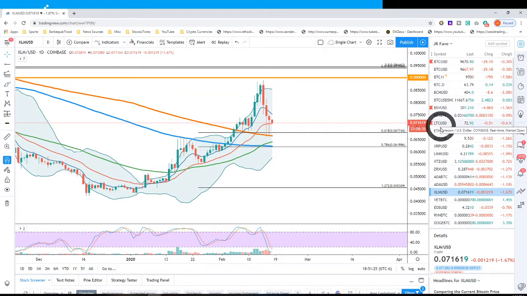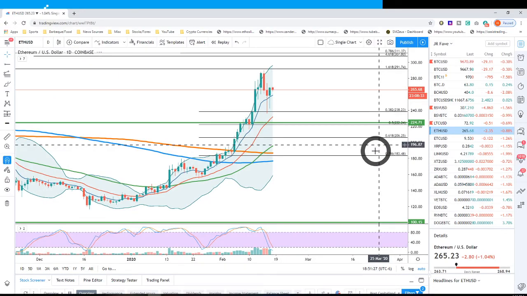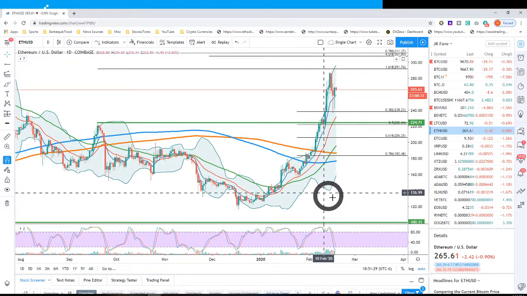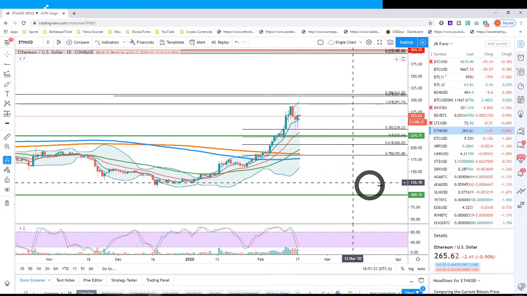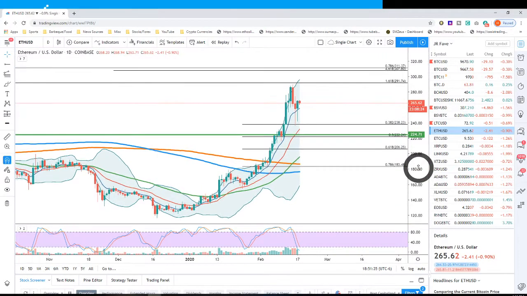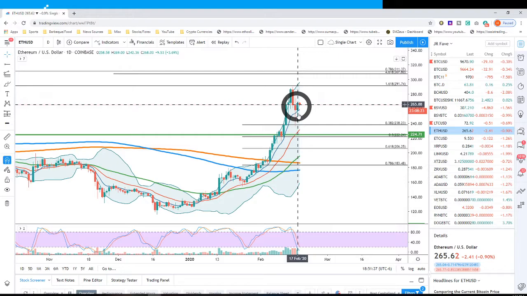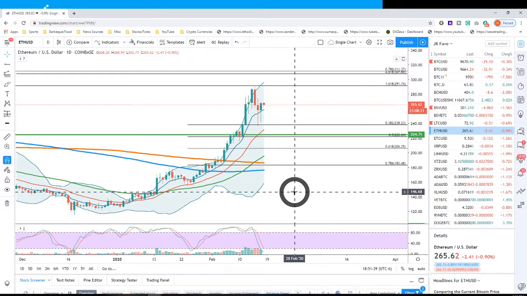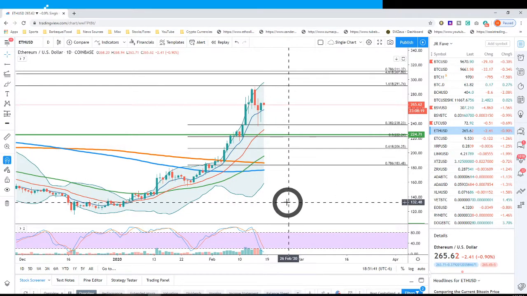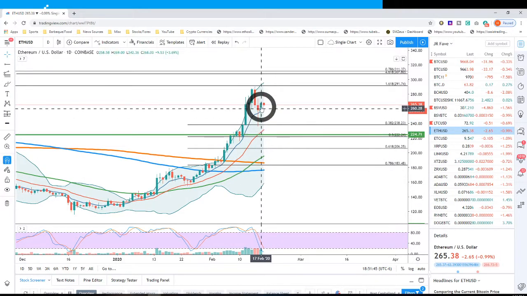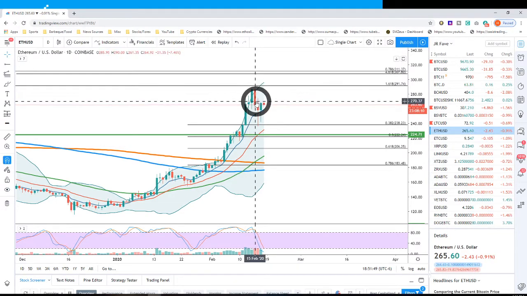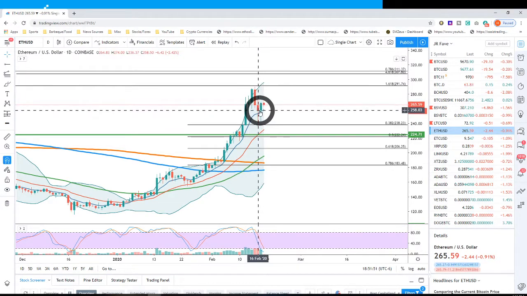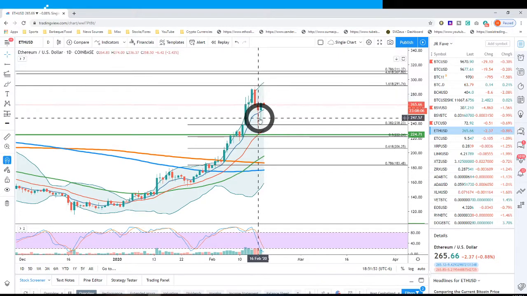Anybody want to look at Ethereum? This one has actually been holding up pretty darn well, if you ask me. Of most of the charts, I'm looking at ETH right now. So you had the bearish engulfing confirmed, but then you get a bullish engulfing right back.